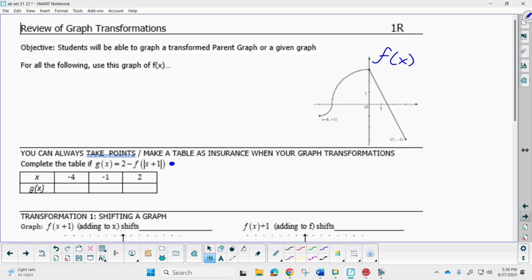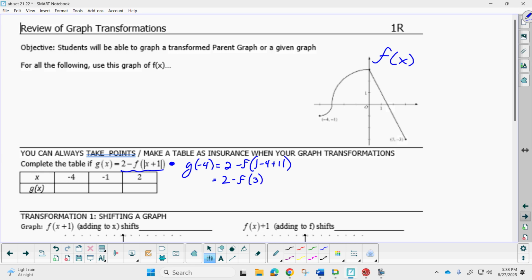Say I wanted g at -4. I could plug in to g, and it's 2 minus f of absolute value of -4 plus 1. I could simplify inside. That's absolute value of -3, which is 3.